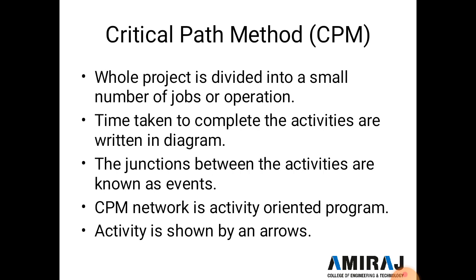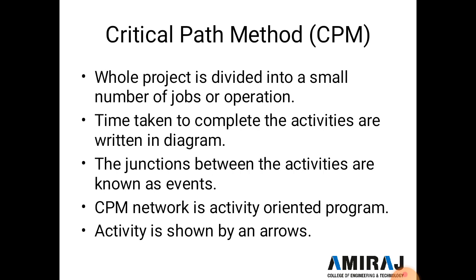The time duration is given in the form of days, weeks, months, years, etc. And below the arrow the activity description is given, the activity name, like excavation, brickwork, etc. The junction between the activities is known as an event. So the junction is denoted by events, like 1 2 3 4, and activities are denoted by the alphabets A B C D. And CPM network is an activity oriented program.